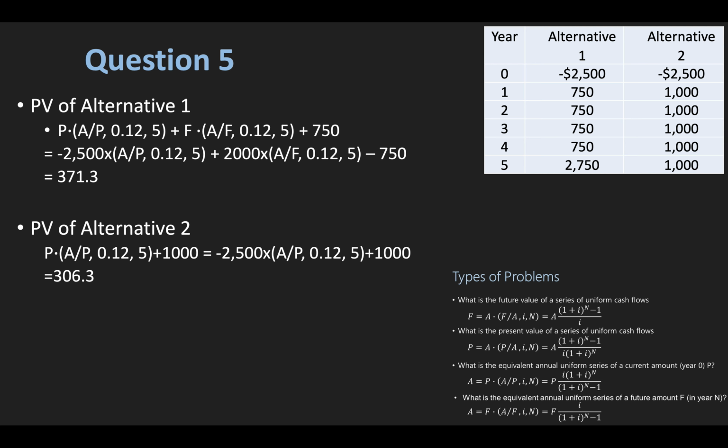So for alternative 1, what we need to do is convert everything to annuity. Well, that's my approach. I'm using the annuity approach, but you can obviously use any other approaches, right?